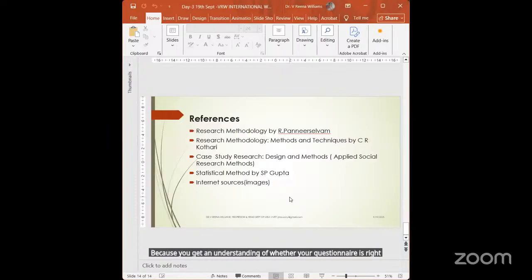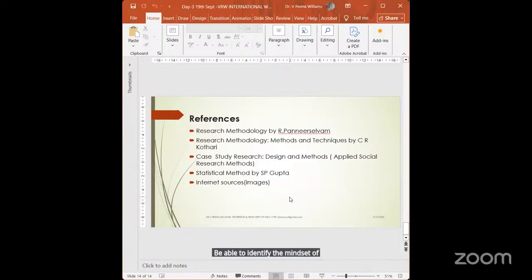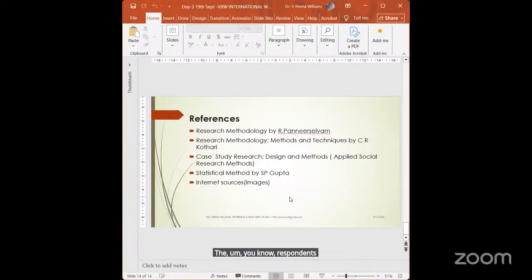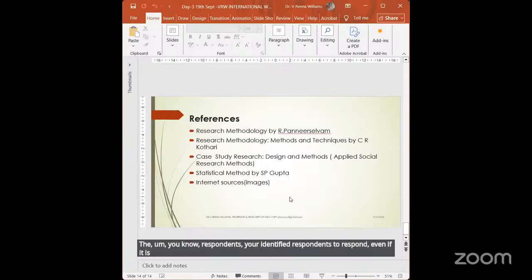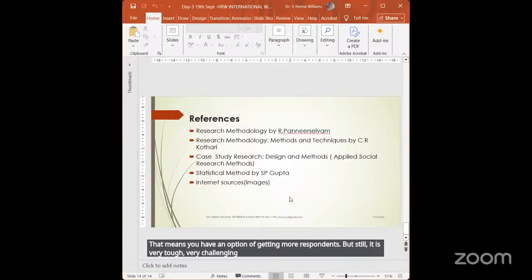You also get to know whether you're getting the actual responses you are looking for, and you'll be able to identify the mindset of the respondents, because you'll know how difficult it is to get your identified respondents to respond. Even if it is random sampling, where you have an option of getting more respondents, it is still very tough and challenging to get answers. So you have to choose that way.